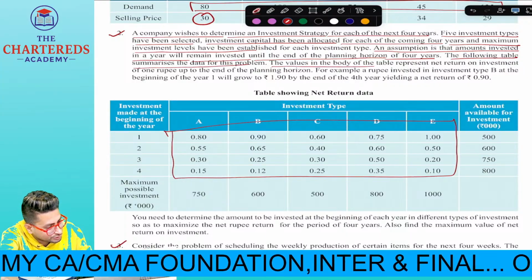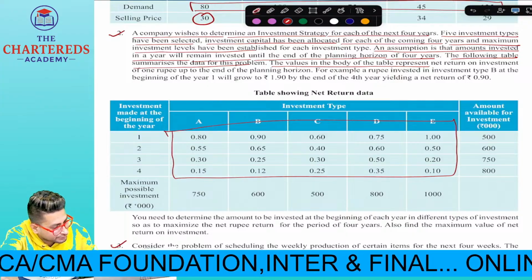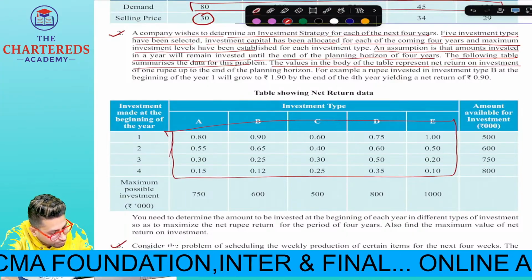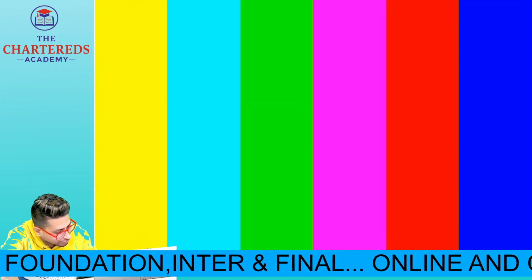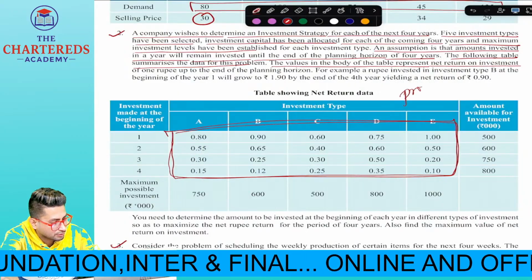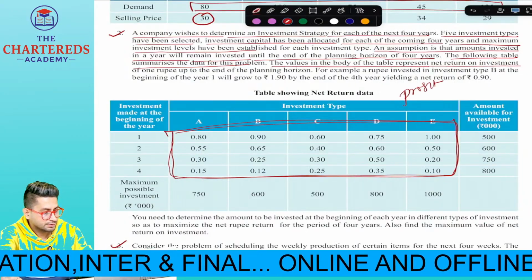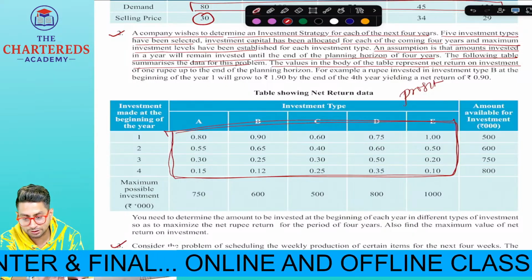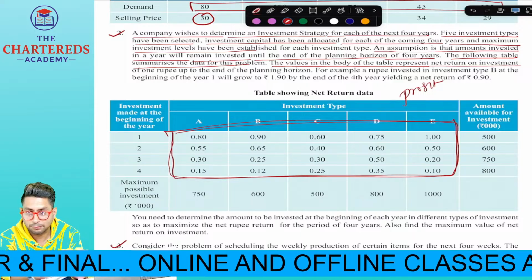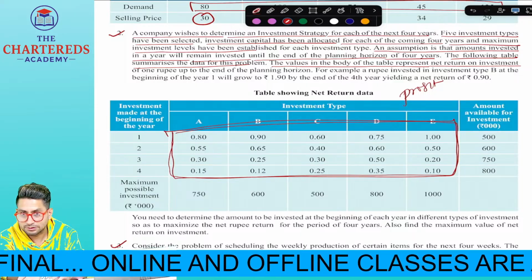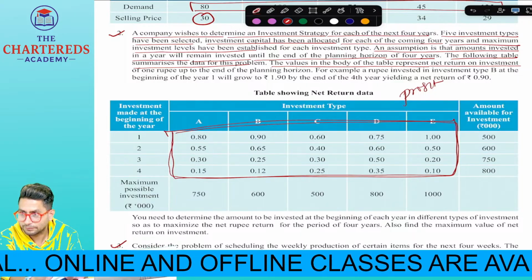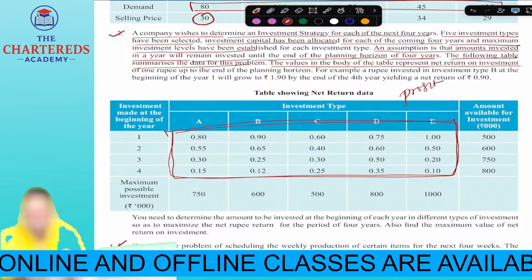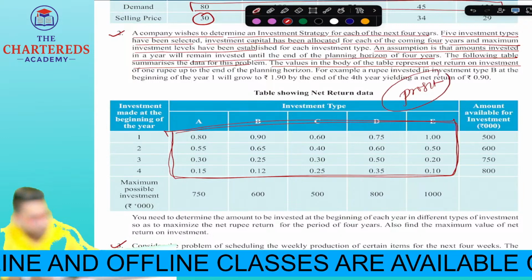The values in the body of the table represent what? Return on investment. Return on investment is nothing but profit. So this is a profit matrix, and you have to convert it into loss and then solve. Is this maximization or minimization? Maximization problem.